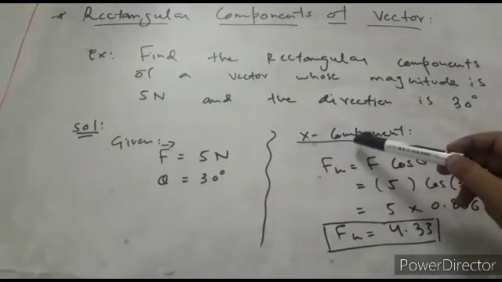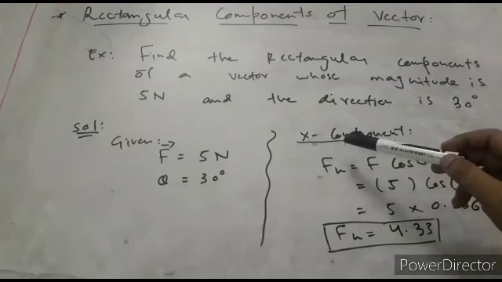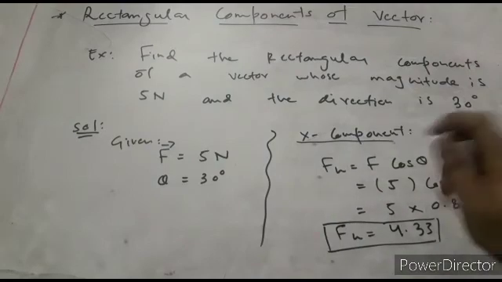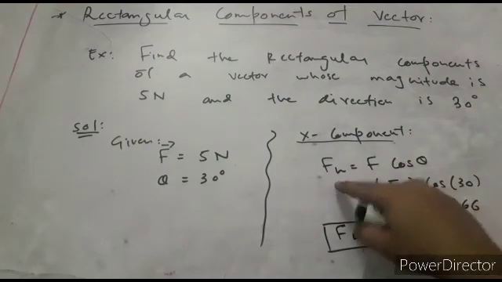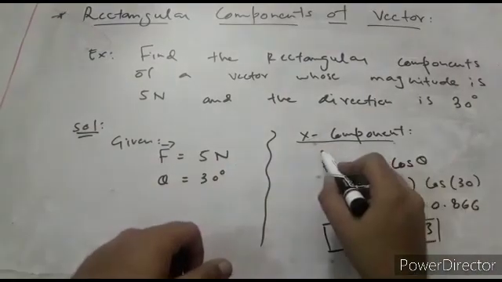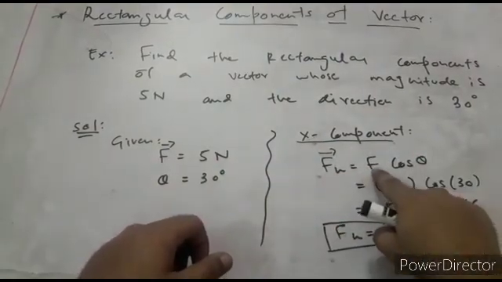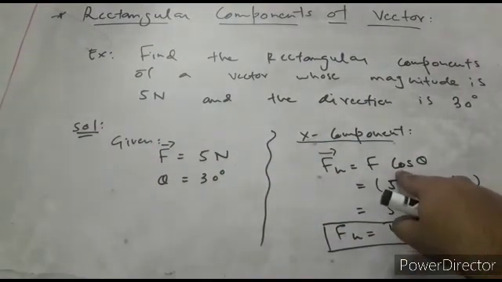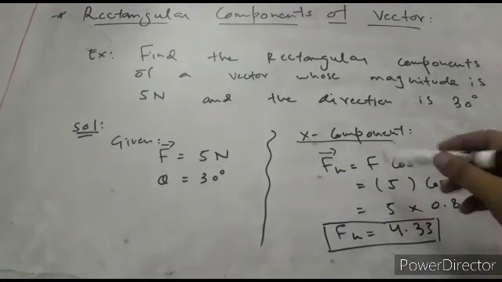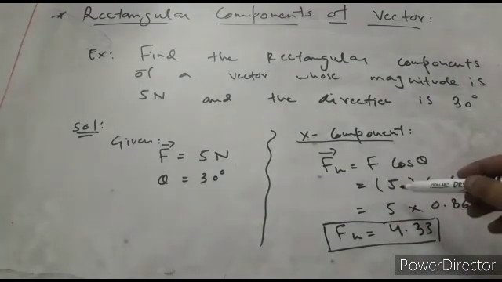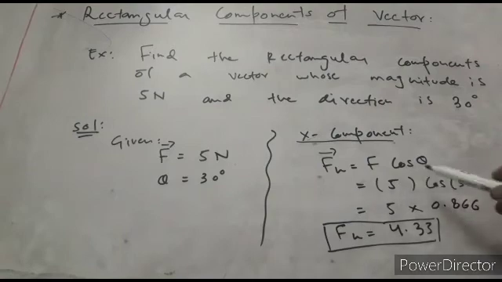So first we find the x component, which we call the horizontal component as well. The formula for this is Fx equals F cos theta. So what we will do, we will put the value of F, which is 5 Newtons, we only write 5 over here, and cos 30 because the angle is 30 degrees.